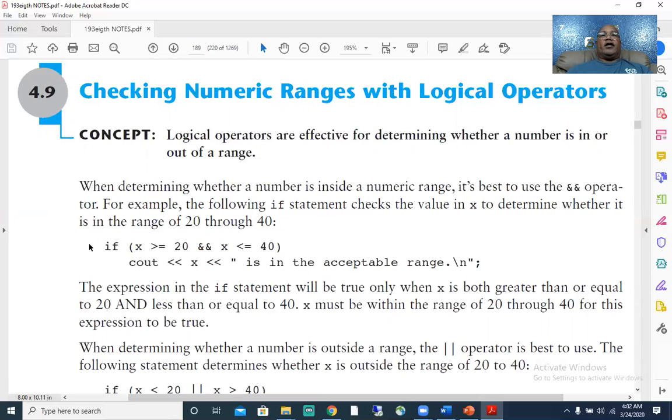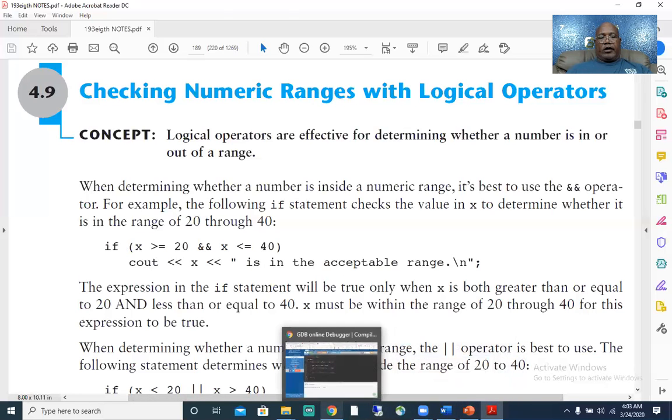If X, which is our variable, is greater than or equal to 20, so you're starting at 20 and including 20, and less than or equal to 40, so you're including 40 and everything less than 40. So starting at 20, going up to equaling 40, everything in between that range would be acceptable. So let's go back to online GDB and look at that.